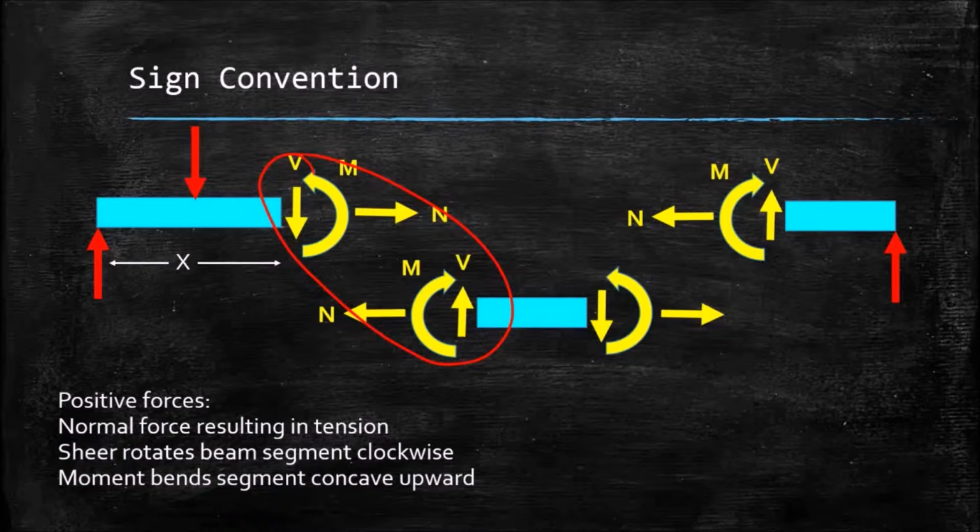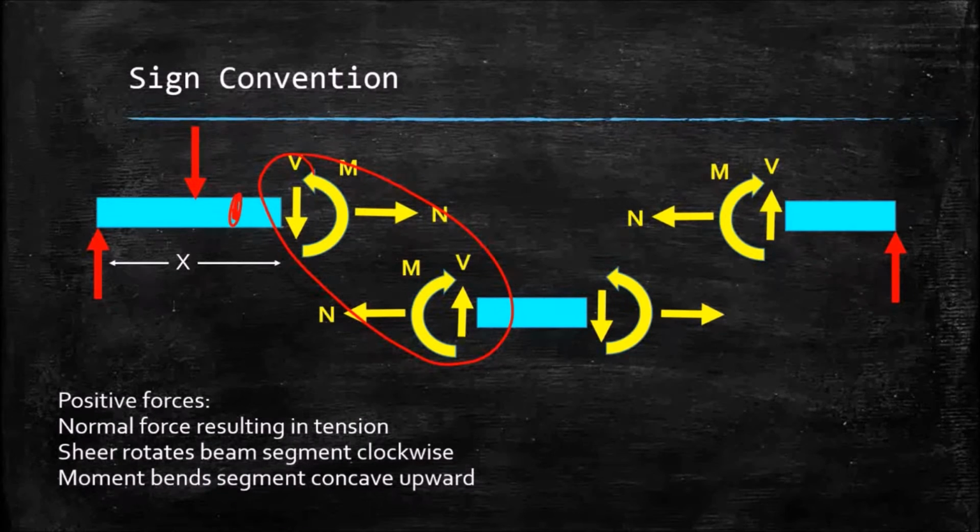If I have a beam and I have an internal shear force inside the beam somewhere, at this point, that has a single, we'll assume for a moment, positive value, and when I cut it, I have a positive shear.